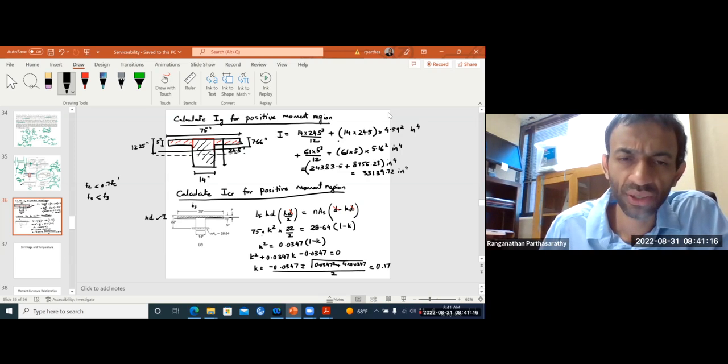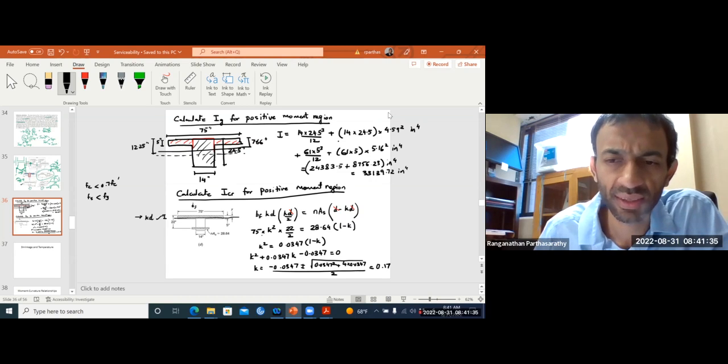So your stress distribution is still like the elastic beam analysis. This is just your transformed section. Kd is just the depth of the neutral axis from the top of the beam. Is it clear? Hope so.